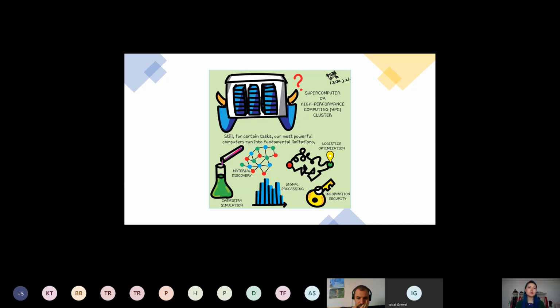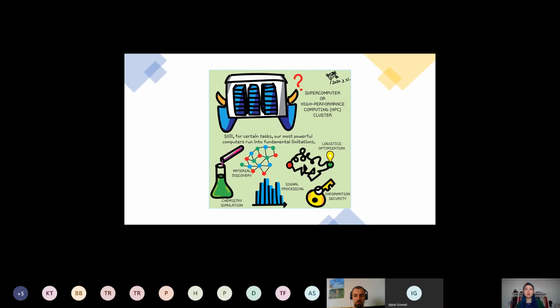So things like chemistry simulations or discovering materials are fundamentally quantum mechanical interactions that we want to study. And there are things like logistics, signal processing, and information security. Those are what we made up as our most efficient way to collect data and get insight.